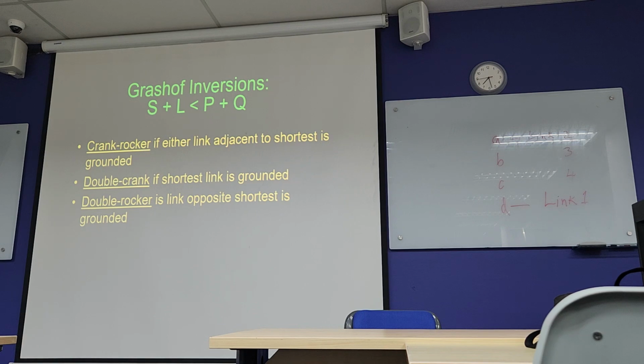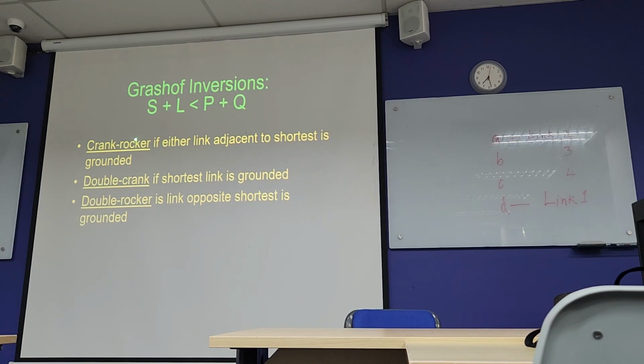Depending on how the mechanism is grounded, we call it a crank rocker if the link adjacent to the shortest is grounded. You call the mechanism a double crank if the shortest link is grounded.